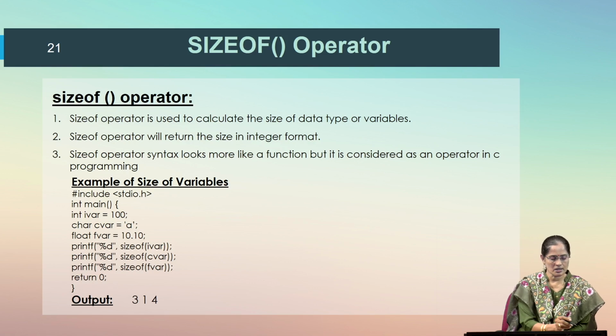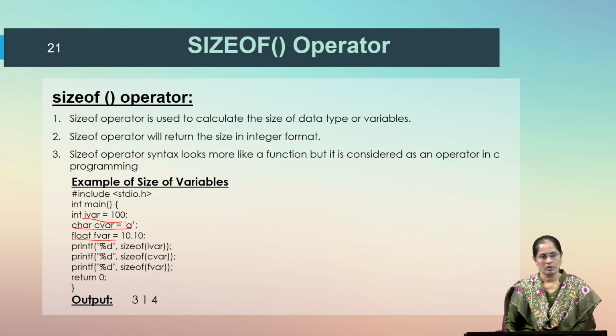Say for instance, we will take one integer type variable, one character type variable, and also a float type variable. The size of the int variable is displayed to be 2, the size of the character type variable is displayed to be 1, and the size of the floating point variable is given to be 4. If we want to find the size, we can make use of the sizeof operator.